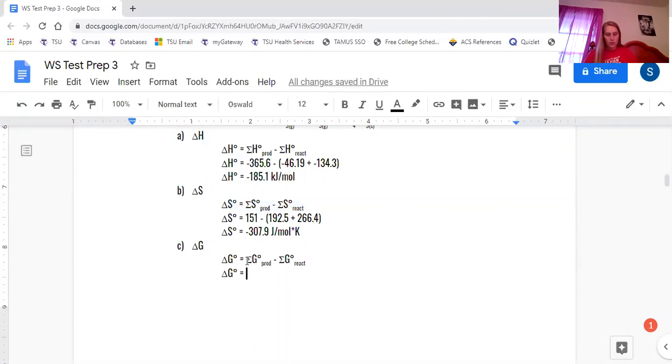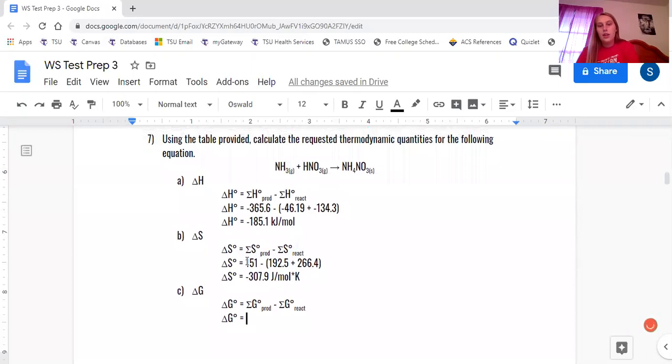So we look at our table, we find our NH4NO3 once more, and we go find our delta G, and we find negative 184.0. And then we have to do all of our products. So NH3 is negative 16.66.